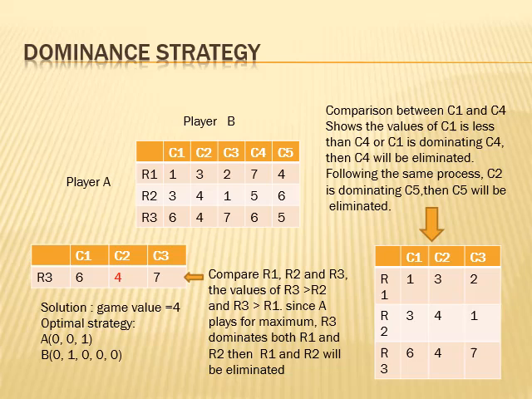Therefore, R1 and R2 will be deleted. The third matrix consists of 1 row and 3 columns: C1, C2, C3 and R3.